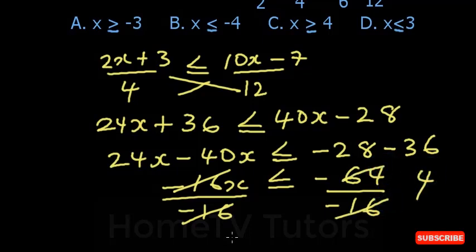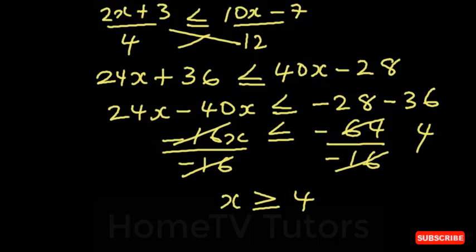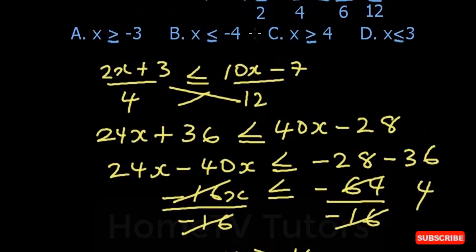Now the sign will change from less than or equal to, to greater than or equal to 4, and I think that tallies with option C. So option C is the right answer.